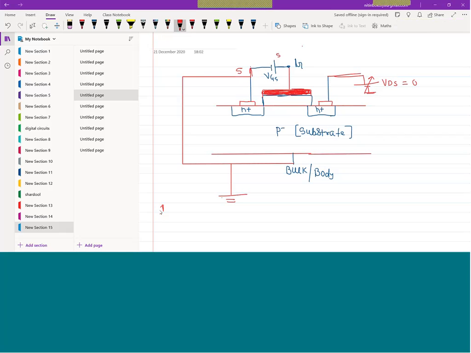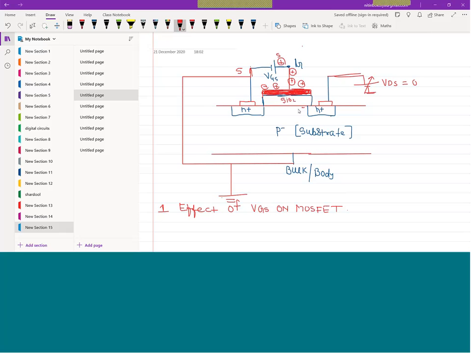The first point is the effect of VGS on the MOSFET. So there will be an electric field. This is the positive terminal of the battery. It will supply holes. Here there will be holes, and we are having dielectric SiO2 in between.